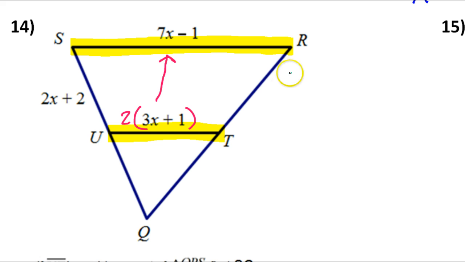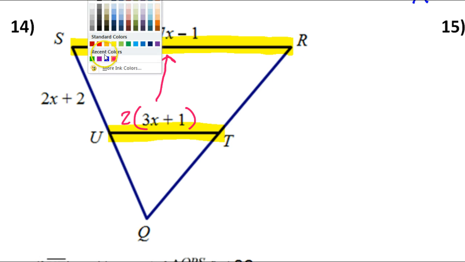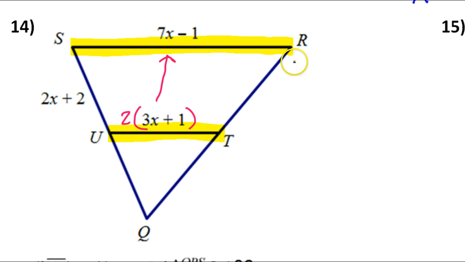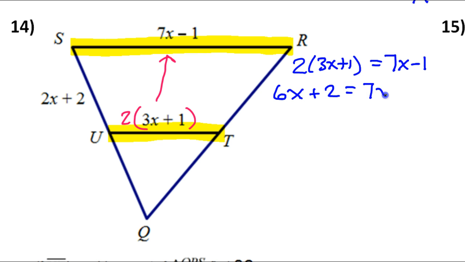So in other words, if I double 3x plus 1, double the small one, that should equal the larger one. So that's going to give me 6x plus 2, and that should equal 7x minus 1. Alright, so let's get these variables together.